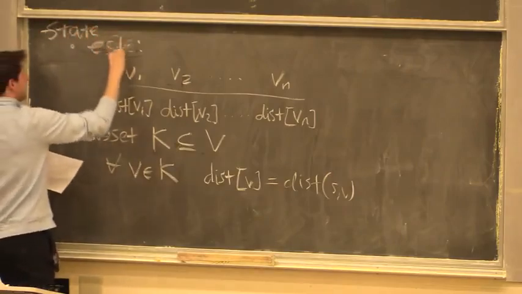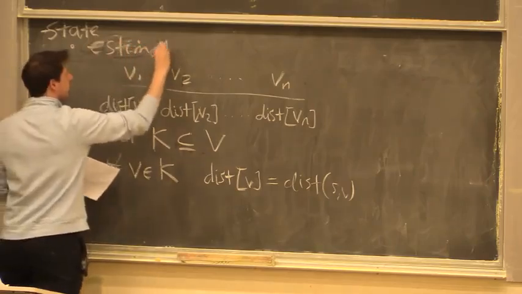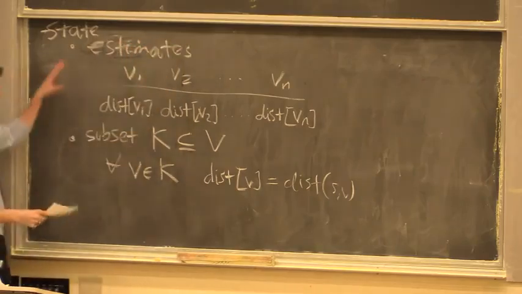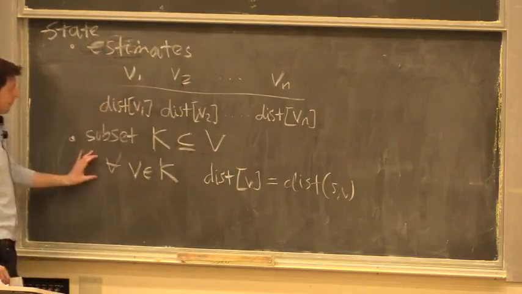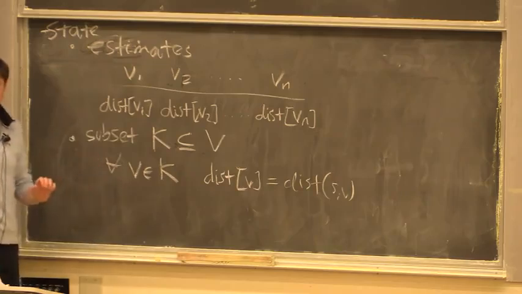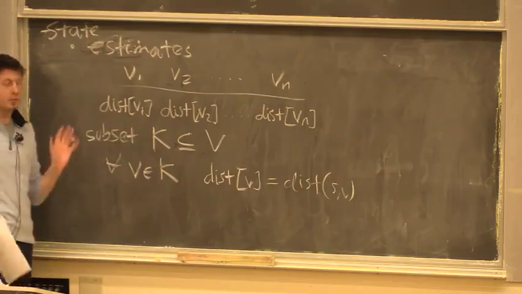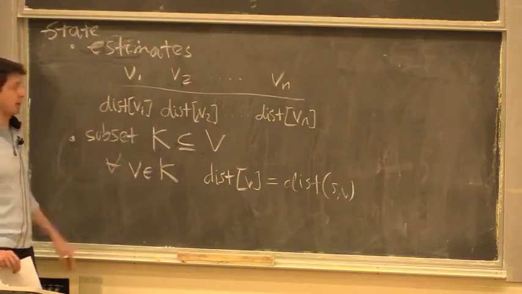We have the estimates. Okay, so this is the state of the algorithm. At any moment in time, it has all these estimates, and it remembers these are the things that I know. Okay, that by design I know they are already correct.